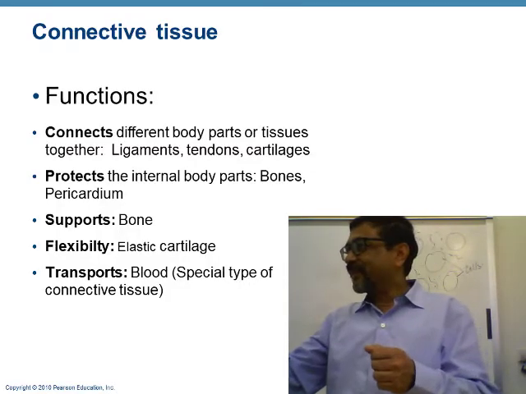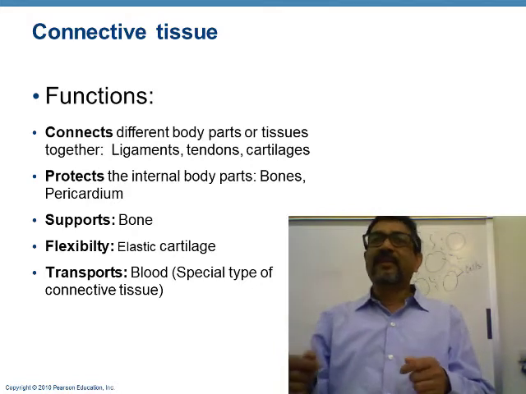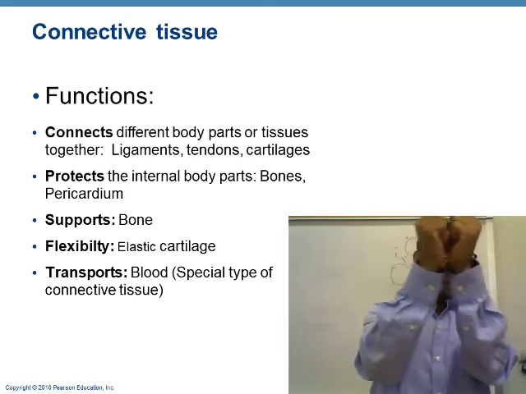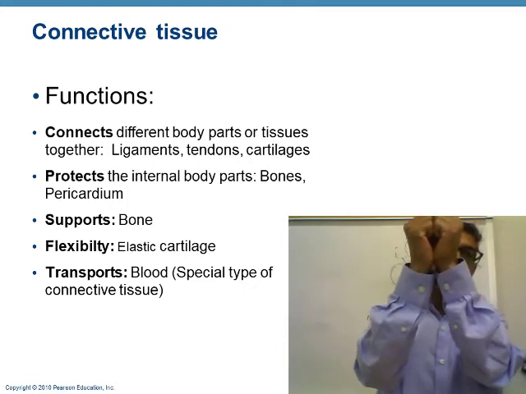Functions. Important functions of connective tissue are: number one, it connects. That's why it is called connective tissue. Its name is telling you, right? Let me give you good examples. Ligaments connect bone to bone, holding the bones together.